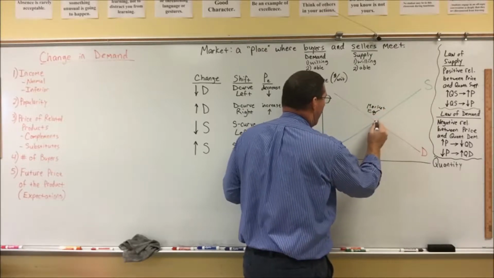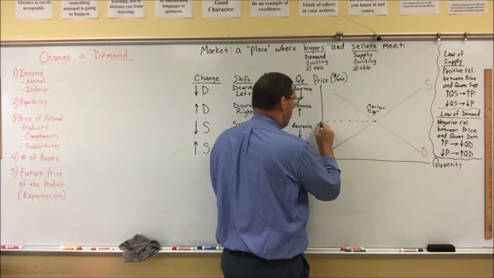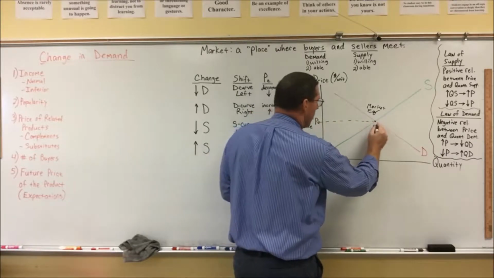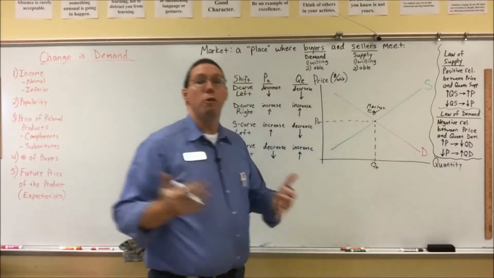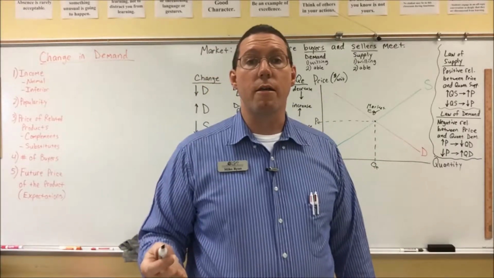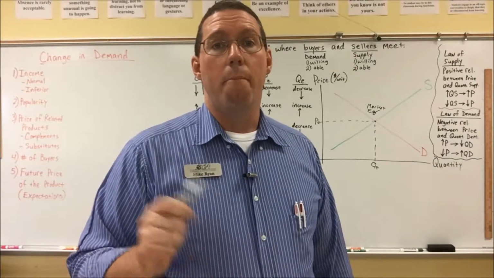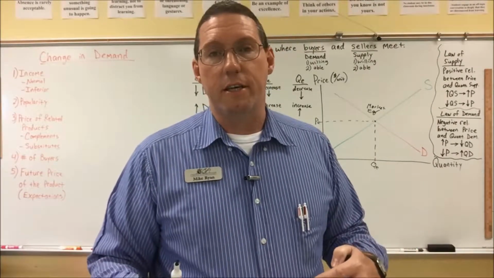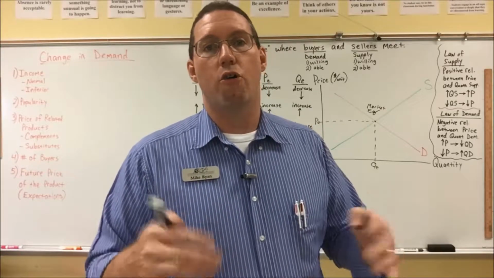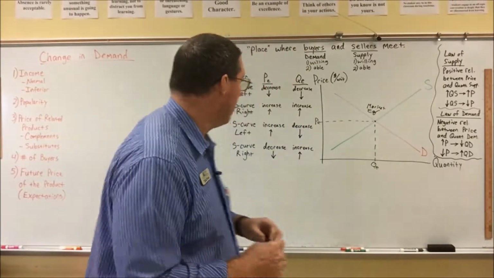And that's that point. And that determines what we call the equilibrium price and the equilibrium quantity that will be sold in the market. It is the price where the buyers and sellers both agree on that price, and the quantity where the buyers and sellers both agree on that quantity, okay?